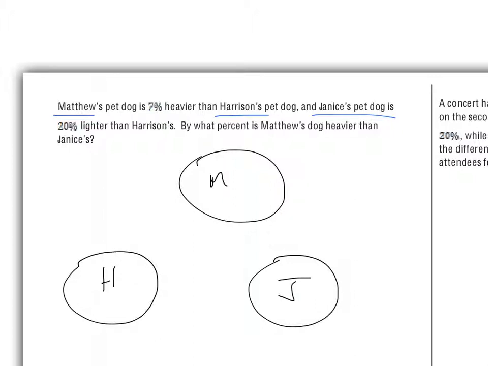Matthew's dog is 7% heavier than Harrison's dog. So Harrison's dog, it's going to be 107%. Janice's dog is 20% lighter than Harrison's dog, so it's 80% of Harrison's dog. By what percent is Matthew's dog heavier than Janice's dog?